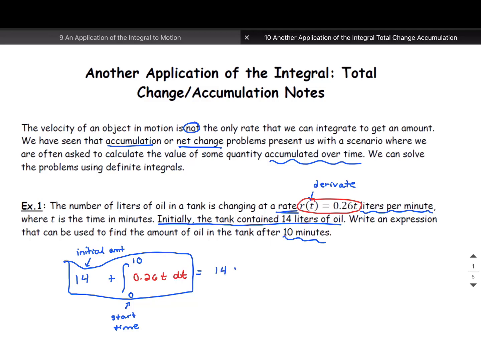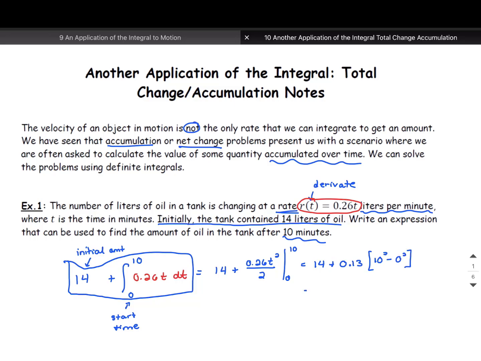So it would be 14 plus the antiderivative of 0.26 t. We add 1 to the exponent, divide by the new exponent, and we're going to evaluate from 0 to 10. So this is 14 plus 0.13 t squared, we're going to plug in the 10 first, minus, plug in the 0 and square it.